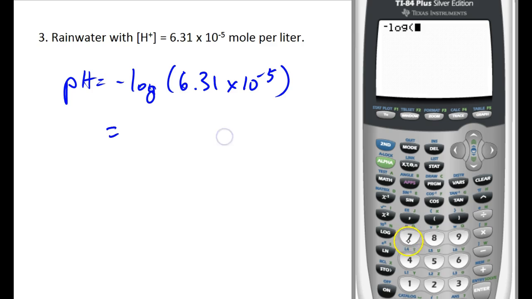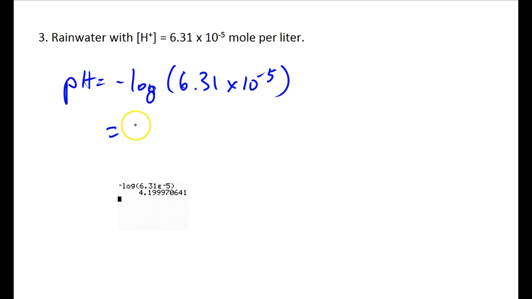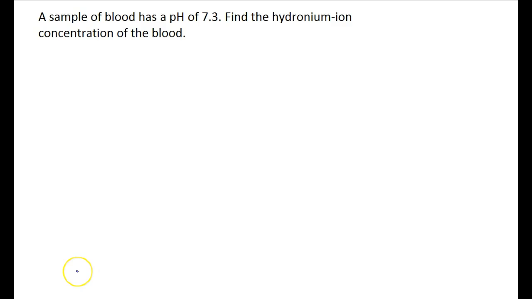Negative log 6.31 e negative 5, and we get 4.2. So it's slightly acidic, I guess. Okay, acid rain.